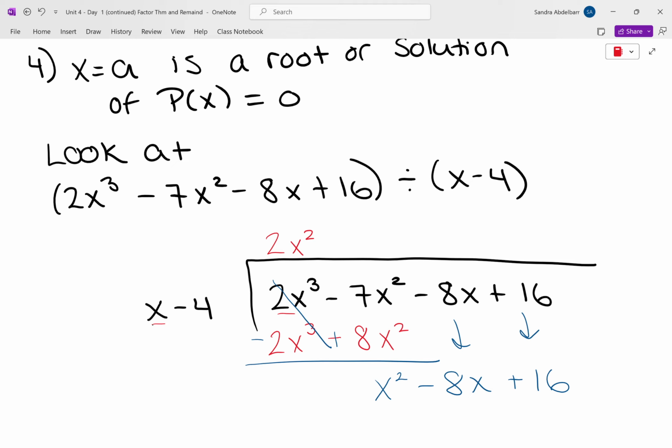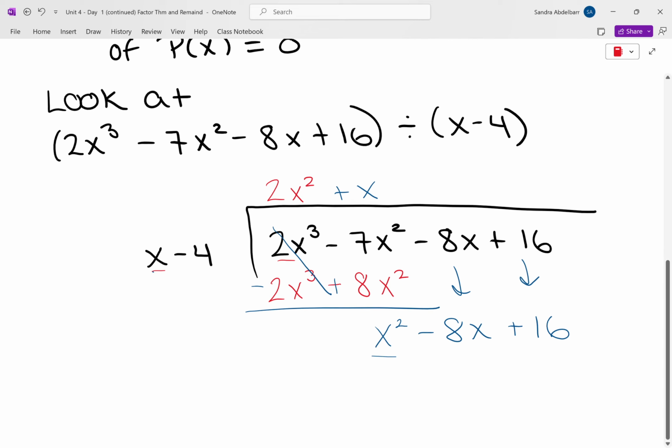Now you ask yourself, x times what gives me x squared? x times x gives us x squared. So x times x is x squared, and x times a negative 4 is a negative 4x.